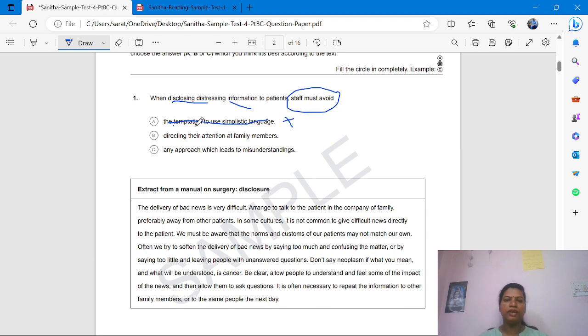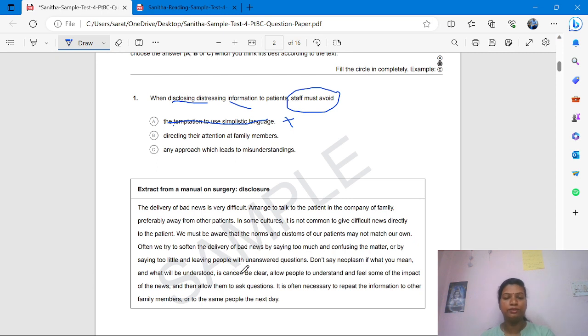Option 1 is out. The second one is directing their attention to family members. Ask yourself, is it directing their attention to family members? Here we have to accompany the family members, and sometimes we have to give more information to family members the next day. But it is not like that.